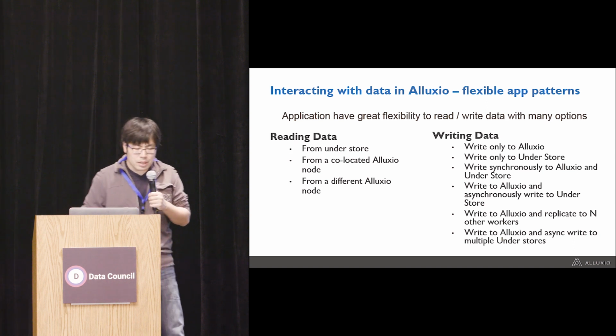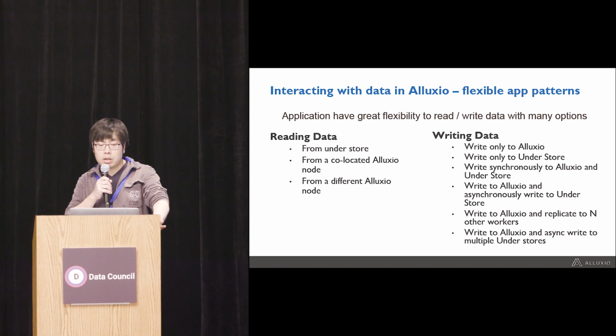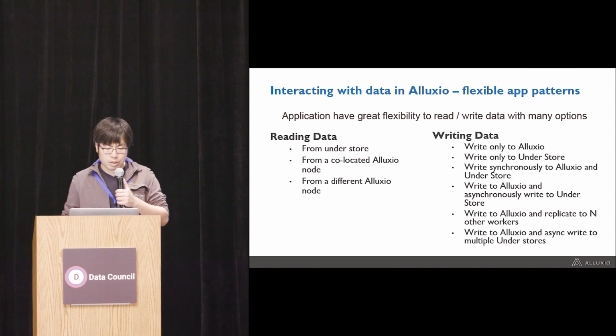On the write side, there are even more choices. You can decide, I want to write to this layer only, or to the persistent storage only, or you can write to both, because you need to read it back later, and you want this write to happen synchronously. Or you can write to the layer first, and then asynchronously this layer will propagate the data to the end storage.